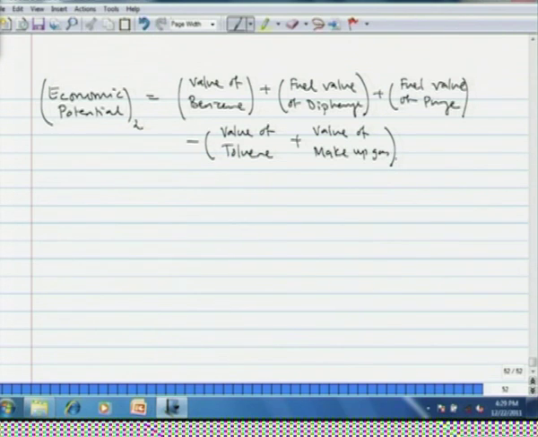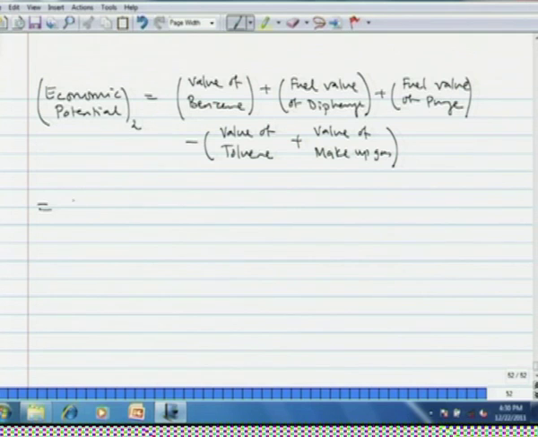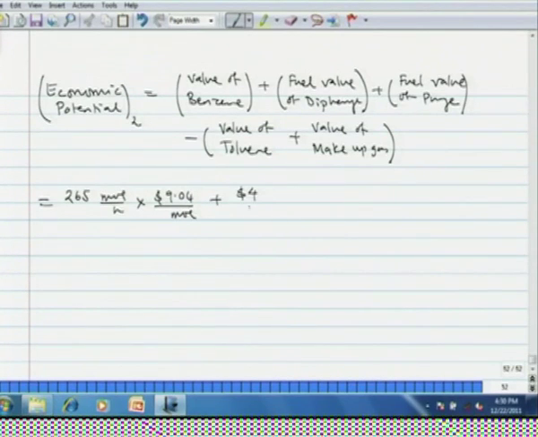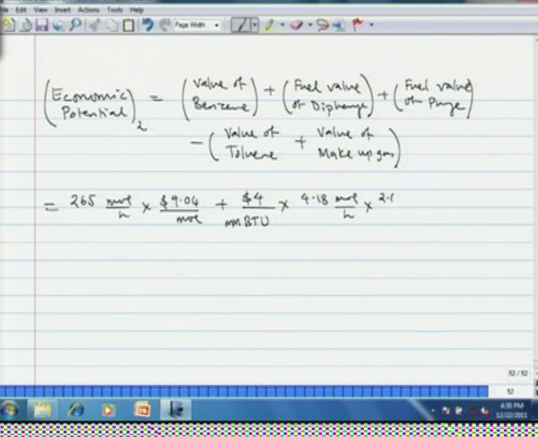Now, if you put all values here, the value of benzene as 265 mole per hour into $9.04 per mole, the fuel value of diphenyl, that is 4.18 mole per hour into its fuel value 2.69 MMBTU per mole.